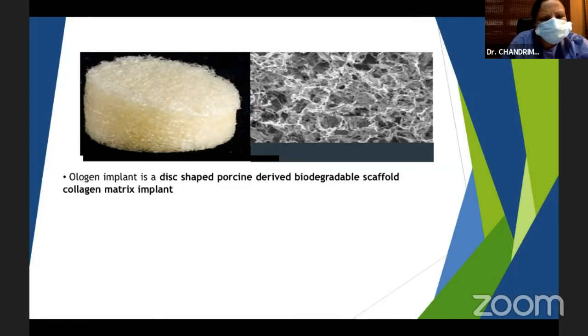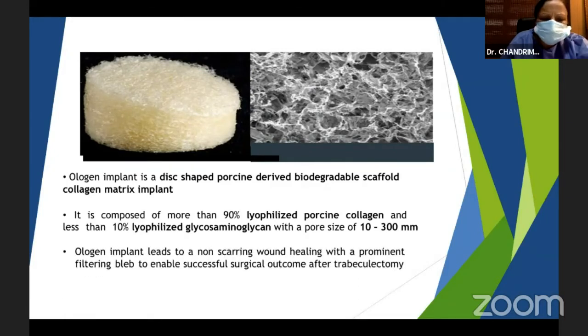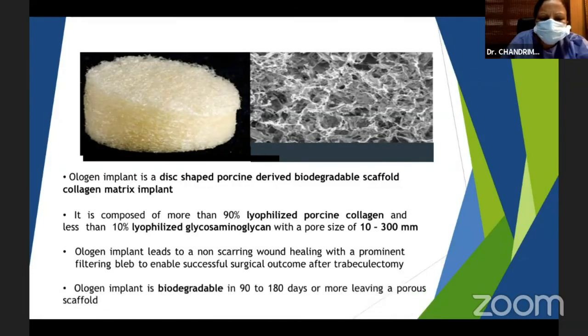It is a disc-shaped porcine-derived biodegradable scaffold collagen matrix implant, composed of more than 90% lyophilized porcine collagen and less than 10% lyophilized glycosaminoglycan, with a pore size of 10 to 300 microns. The Ologen implant leads to non-scarring wound healing with a prominent filtering bleb to enable successful surgical outcome after trabeculectomy. It is biodegradable in 90 to 180 days or more, leaving a porous scaffold.